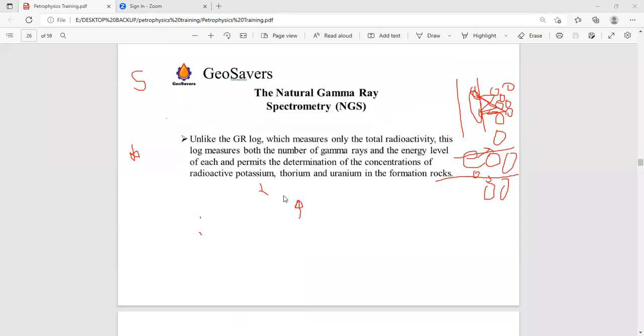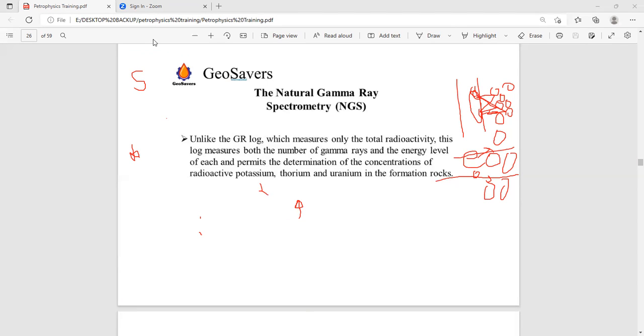All right, so I mentioned something about gamma ray spectrometry. We may have formations where at times you see a high reading of gamma ray, and you expect that high reading to be in a shale formation, but it is not in a shale formation. So the problem now is you have to find out what is actually happening.